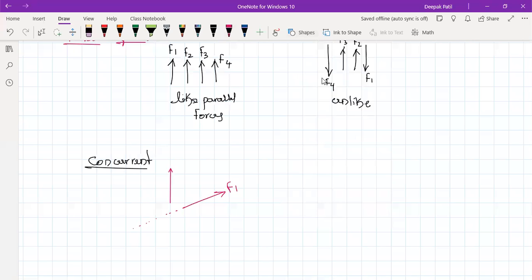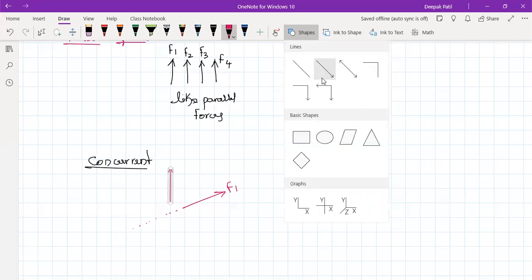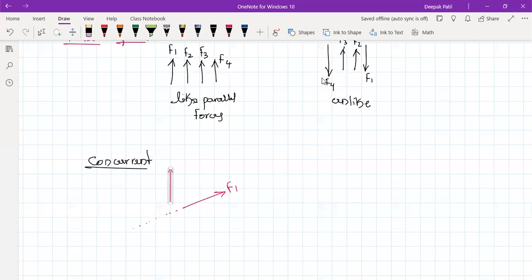Let us say this is force F2, this is force F3, and this is force F4.